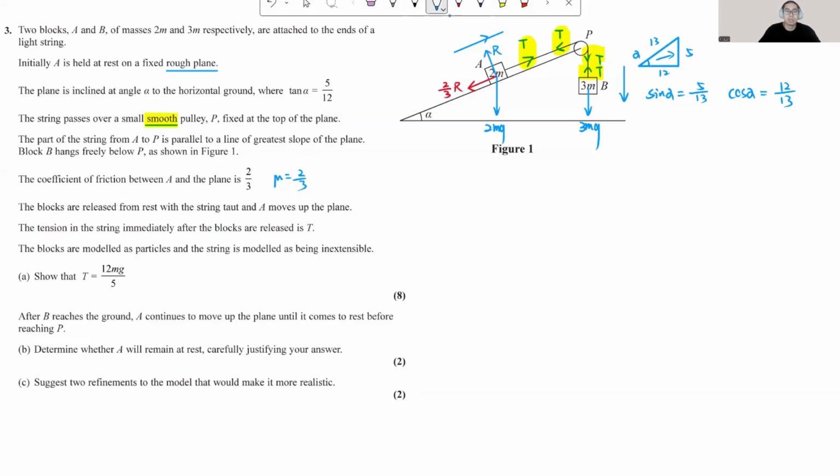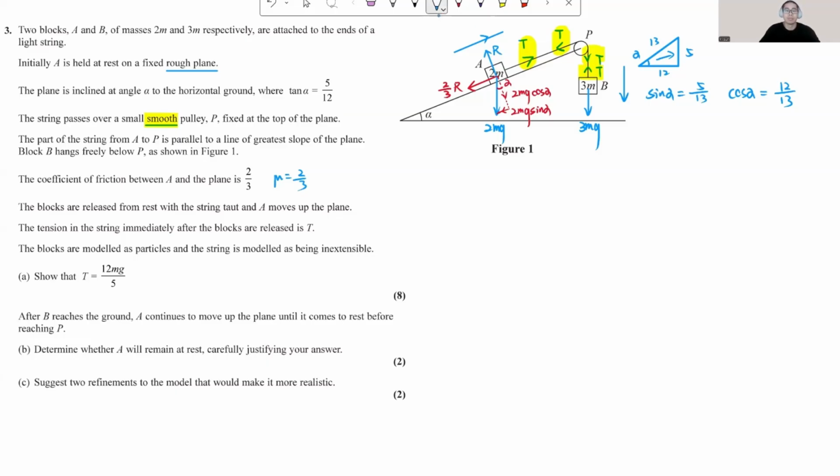Because the particle is moving parallel to the plane, we need to resolve the forces either parallel or perpendicular to the plane. So we can resolve this 2mg into one component perpendicular and another parallel to the slope. This will be alpha, and this will be 2mg times cos alpha, and this would be the opposite, 2mg times sine alpha.